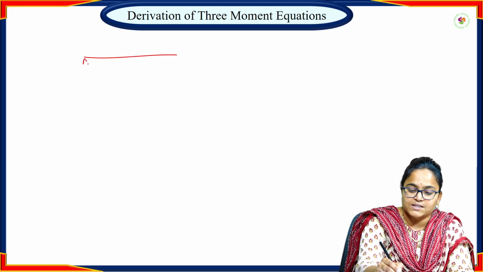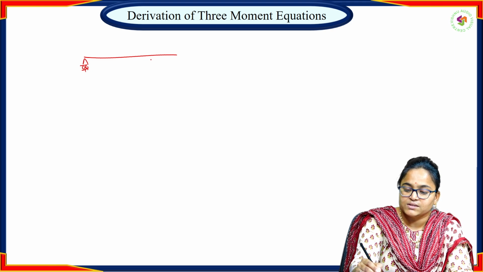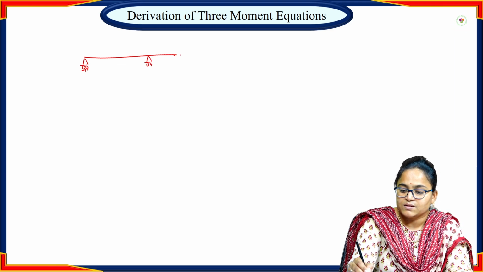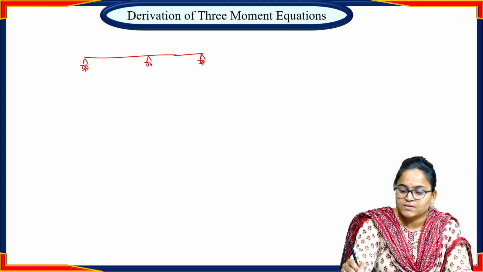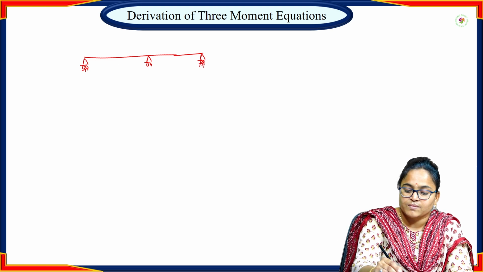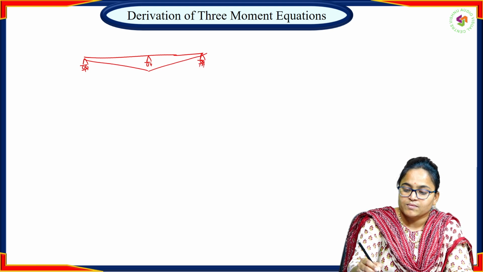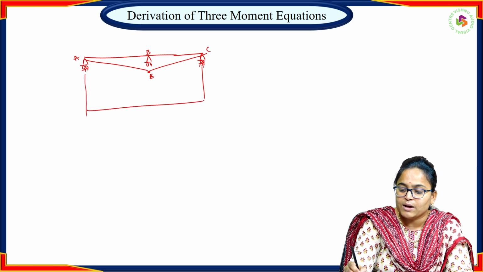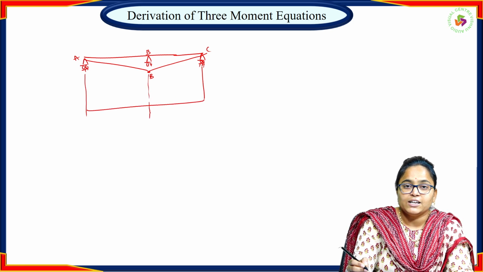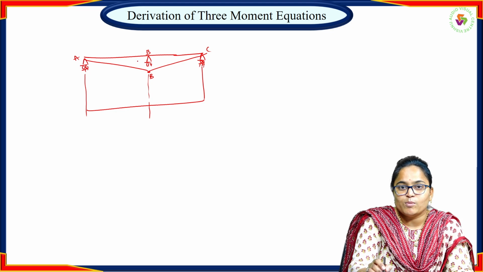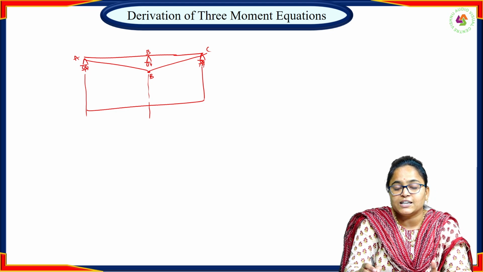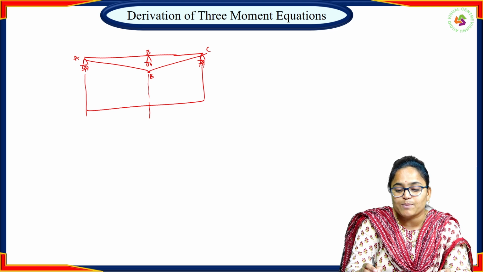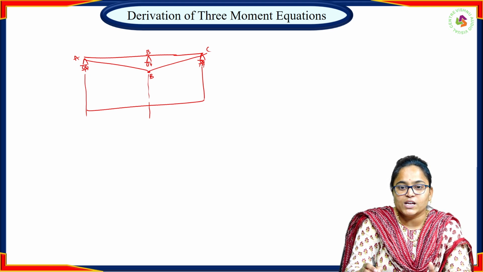Now let us consider the beam like this. Now draw the M by EI diagram for this. The M by EI diagram we will get from the free bending moment diagram case. In this case, let us assume each span is a simply supported beam with given loading conditions.